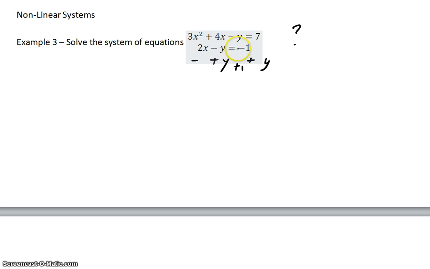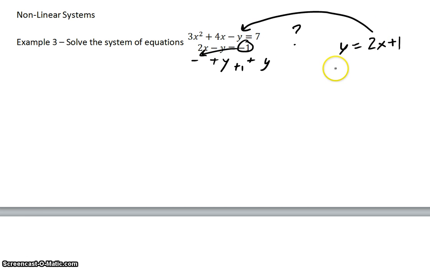Anyway, if you add this 1 to the other side, you get y equals 2x plus 1. So what we need to do is plug this back into the first equation.